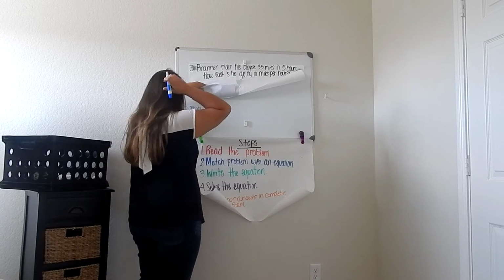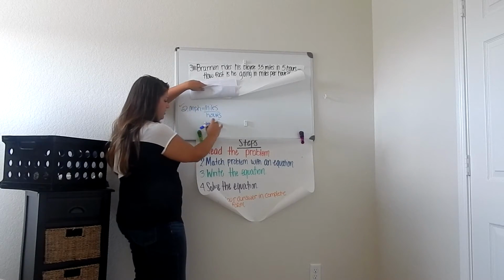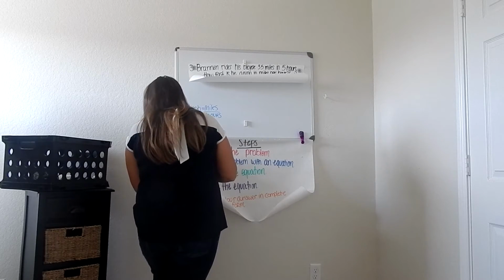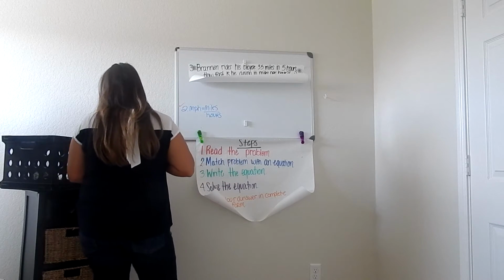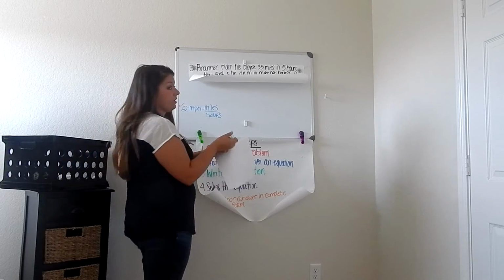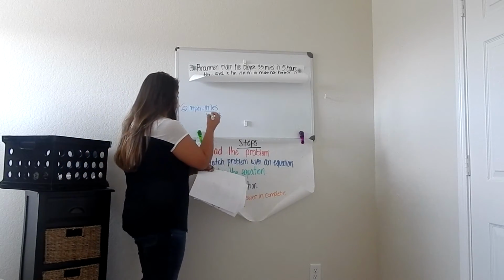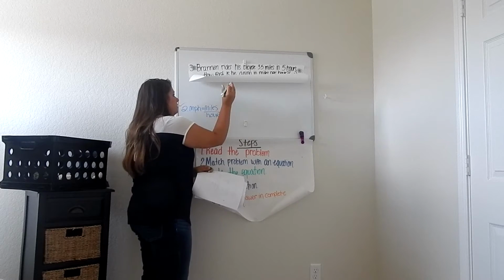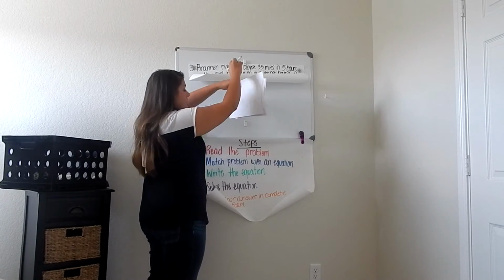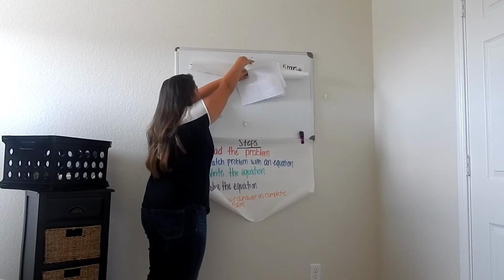Good. All right. So since we have matched this, now let's write it out in function form. Let me get my green marker so you can see the steps in color code. Okay, so y'all all have the problem written in your notebook, correct? So I can put some more room up here for everyone to see.